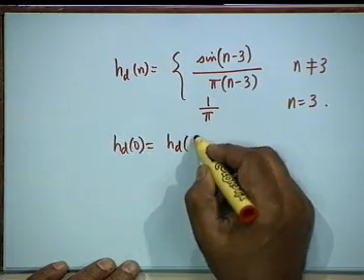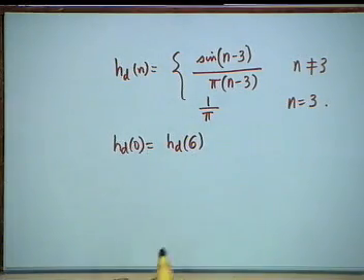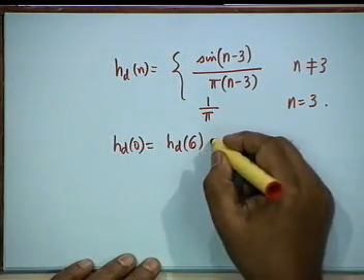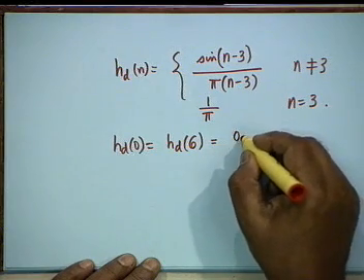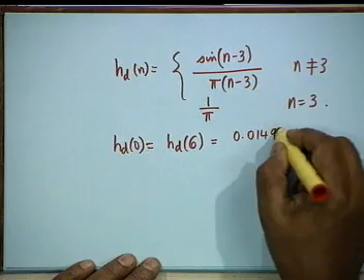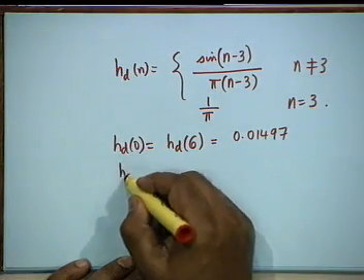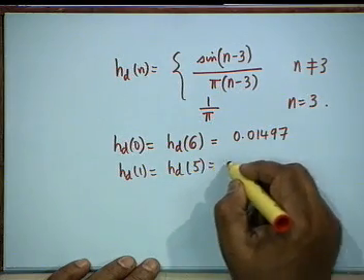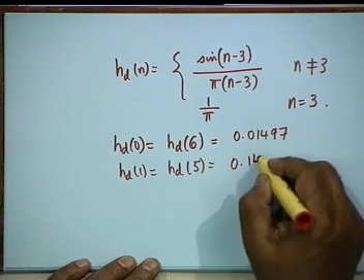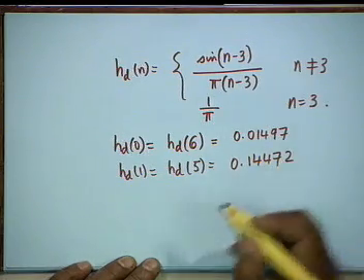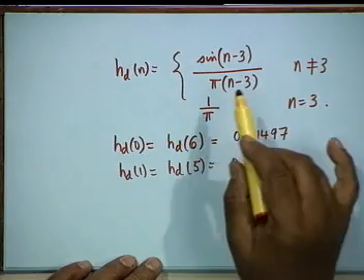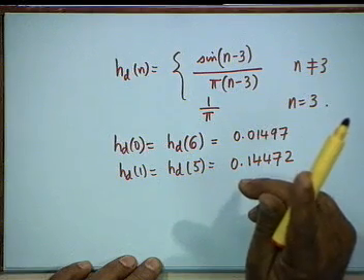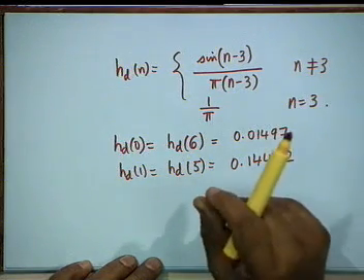and this gives rise to the following values. h_d[0] equal to h_d[6], linear phase is guaranteed, therefore you are getting symmetrical impulse response. This comes out as 0.1497, then h_d[1] is equal to h_d[5] equal to 0.14472. I have already cautioned you that in this calculation make sure that your calculator is set to radians.